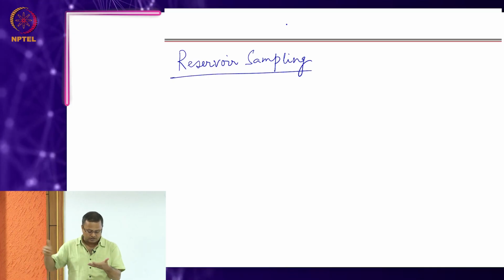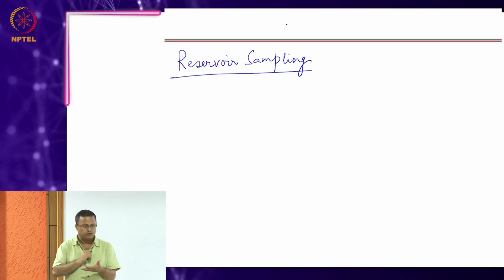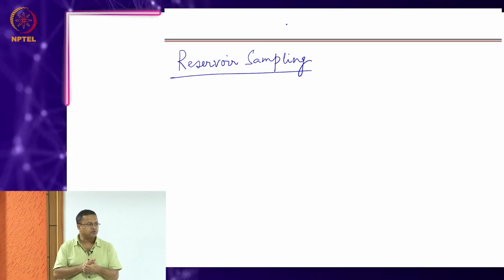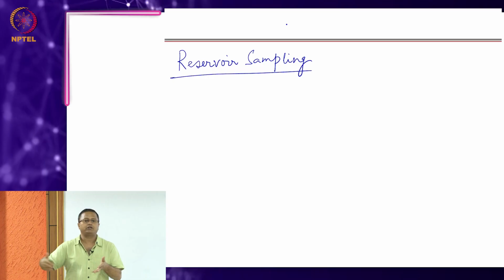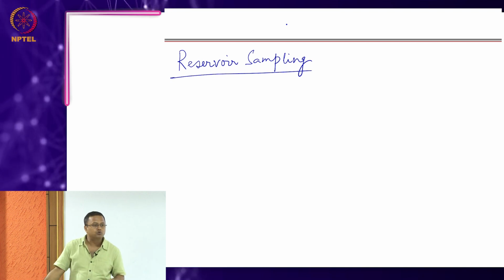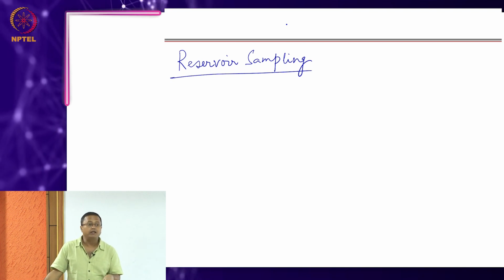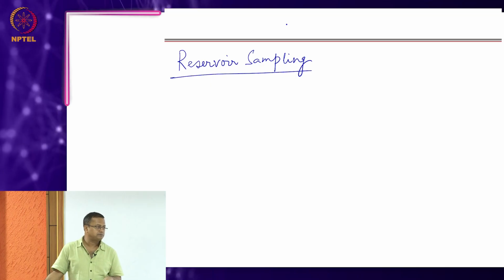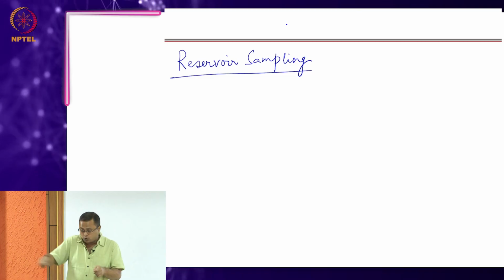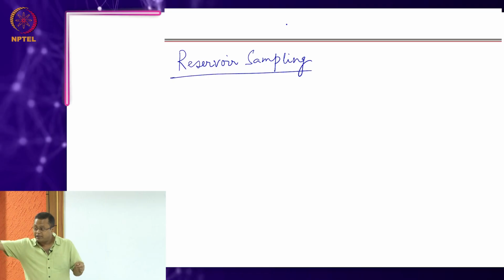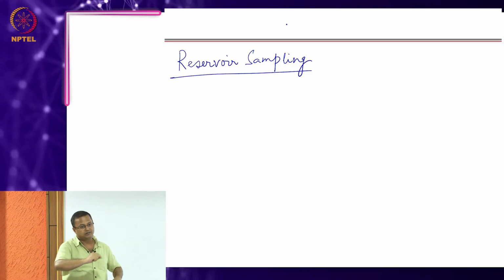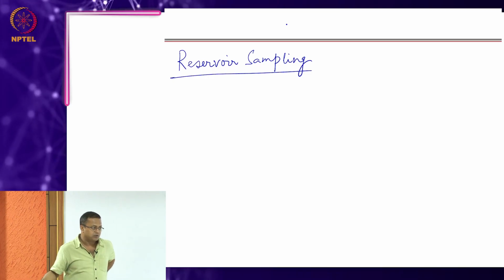So, this router has this traffic going along. So, it has to store a sample of size which is very small compared to the full traffic that has gone by, but the sample should be a uniformly random sample. Now, to draw a uniform random sample out of a sequence of traffic whose final value you do not know, because this router only at the end of the day will know how much traffic has gone past, right.